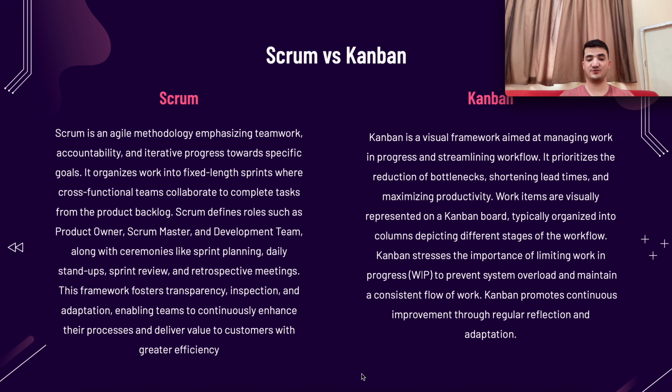Scrum defines roles such as the product owner, the Scrum Master, the development team, and also has ceremonies like sprint planning, daily stand-ups, sprint reviews, and retrospective meetings. This framework really fosters transparency, inspection, and adaptation, so it allows teams to continuously enhance their processes and deliver value to customers with greater efficiency.